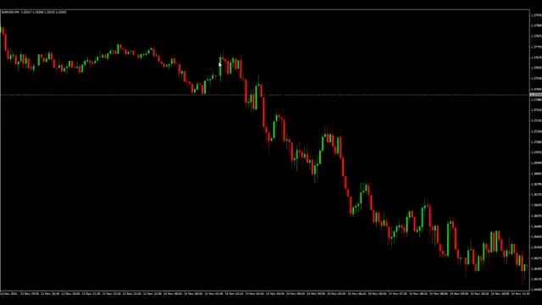With this strategy that I'm going to be sharing with you, what we're looking for is these support and resistance lines and how price is reacting to these lines.